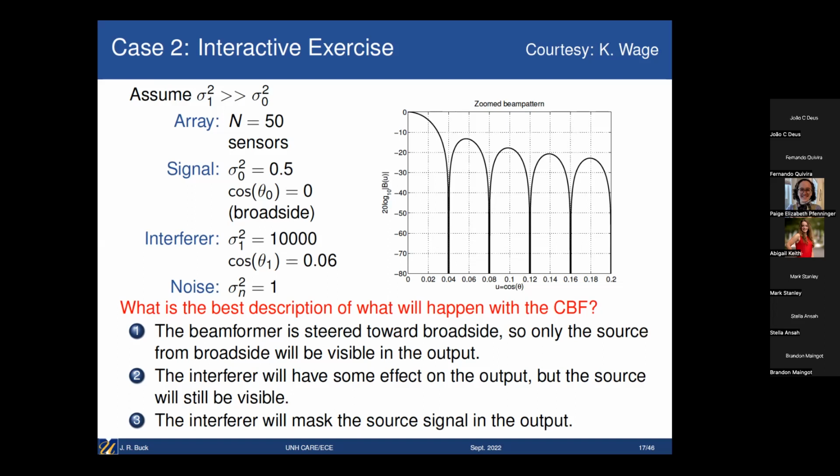I do array signal processing. Yeah. Okay. So the 0.06 is the angle of interference. I think that interference is negative 15 dB.